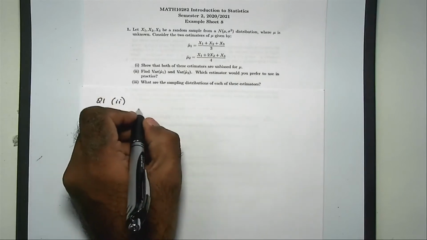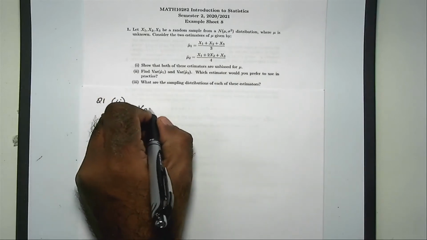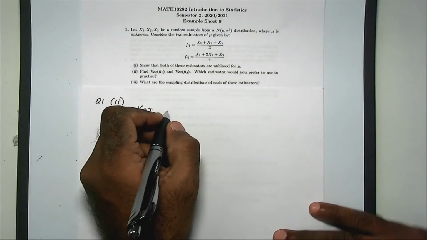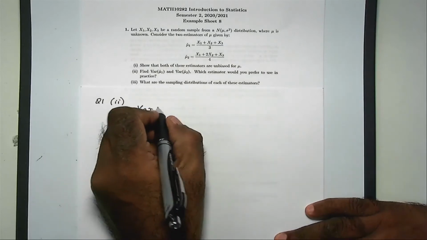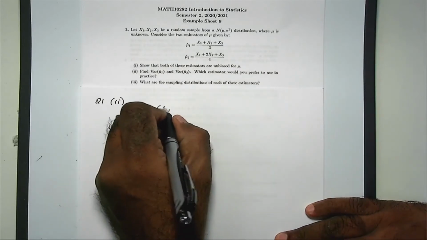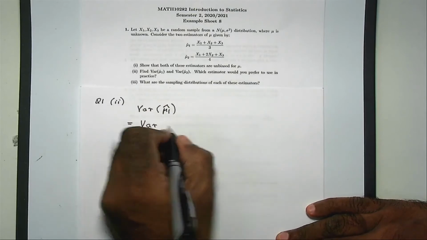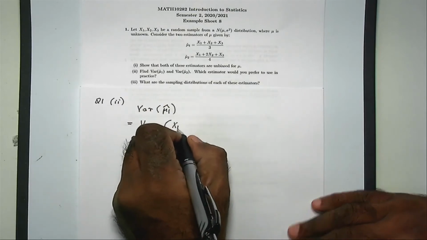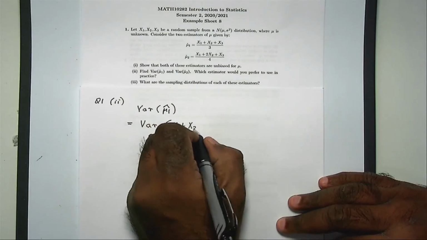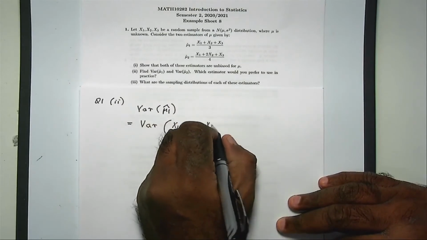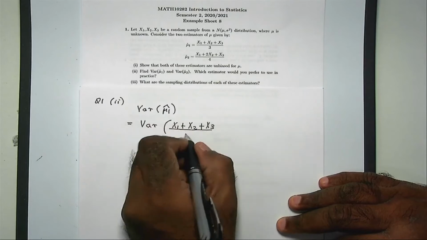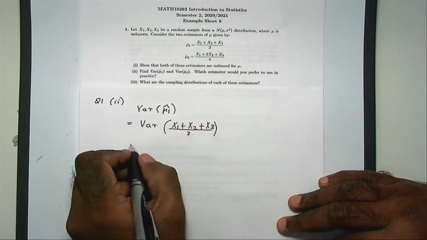So let's try to find the variance of this, which is the variance of this.